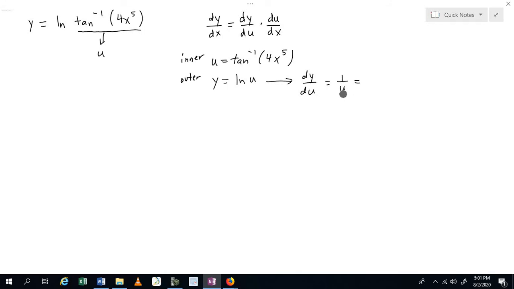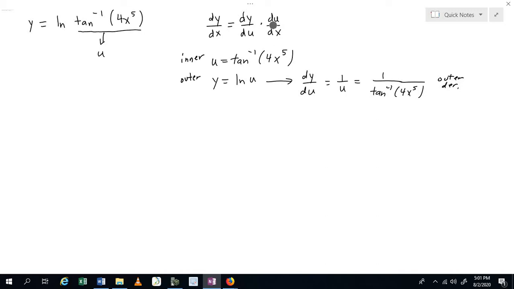And then if I substitute u back in, remember u is equal to this inverse tangent of 4x to the fifth, then I'll just get 1 over inverse tangent of 4x to the fifth. And so that's my outer derivative, dy du.